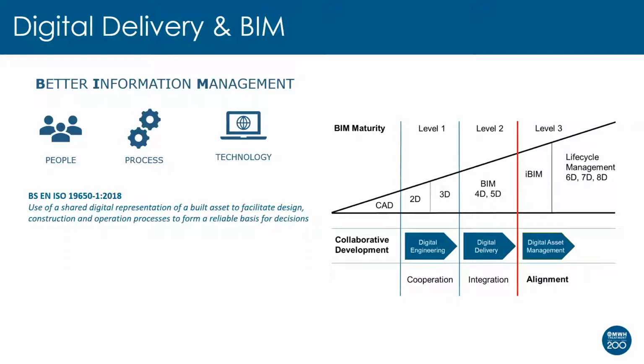So on the right here, this is a model that's widely used with BIM, and it shows the maturity levels of where we are. So on the left-hand side there, very basic early doors. If I go way back in the AMP cycles, we were doing CAD initially. This was even drawing board days, really.